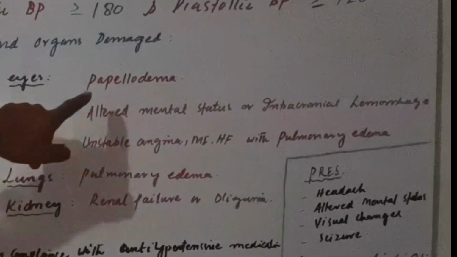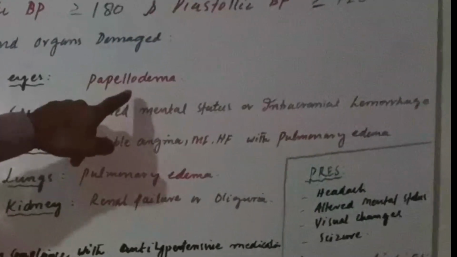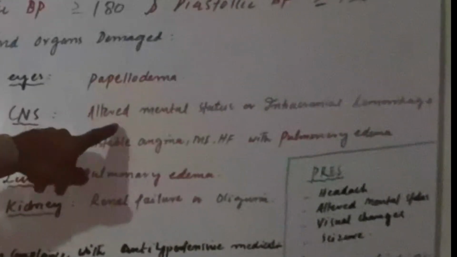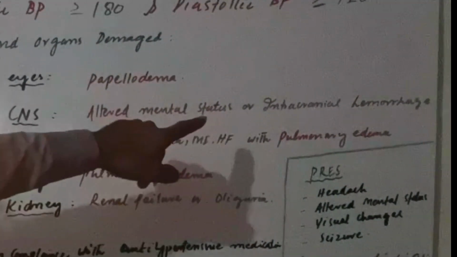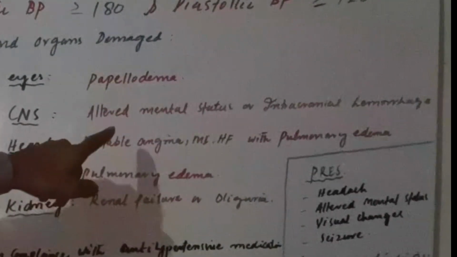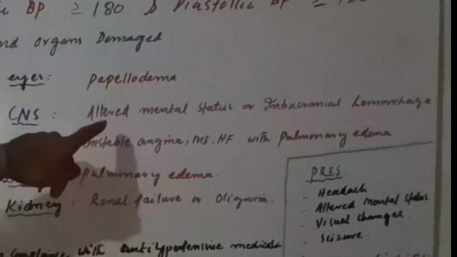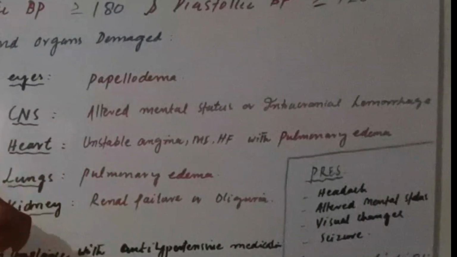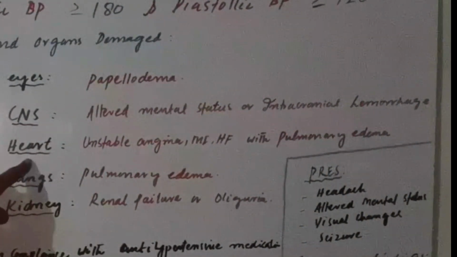So in the eyes there will be papilloedema. The eye is an end-organ and the damage is papilloedema. In the CNS, the mental status becomes changed. There may be intracranial hemorrhage. This is the damage in the CNS which occurs as a result of increased blood pressure. The other is the heart, which is the third end-organ.